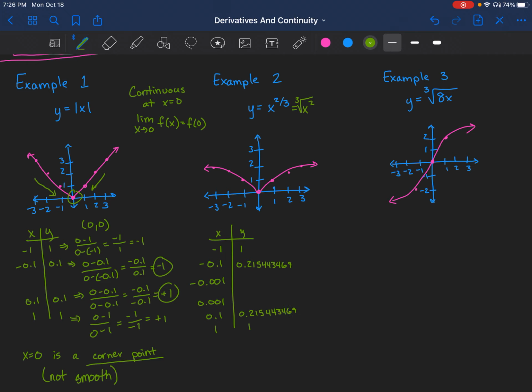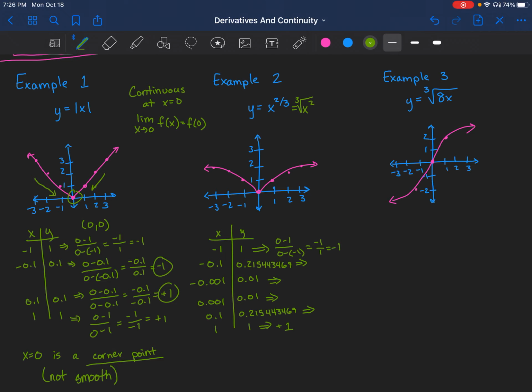And if I were to plug in negative 0.001 to the 2/3 and positive 0.001 to the 2/3, we actually get 0.01 and 0.01. So if I do my slope formula with these numbers, I want to show you what I get. Very similar to the absolute value here, we would do 0 minus 1 over 0 minus negative 1, and we would get negative 1 over 1, which is just negative 1. If I did this with positive 1, we would get positive 1.